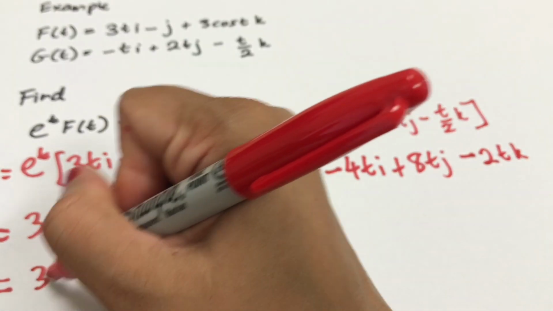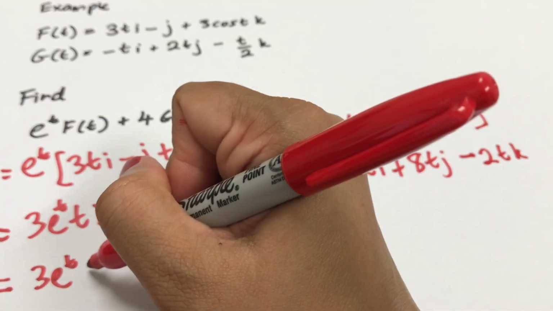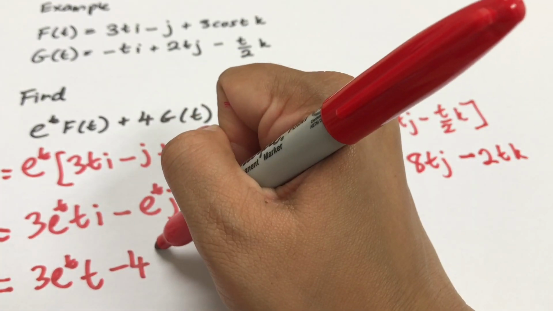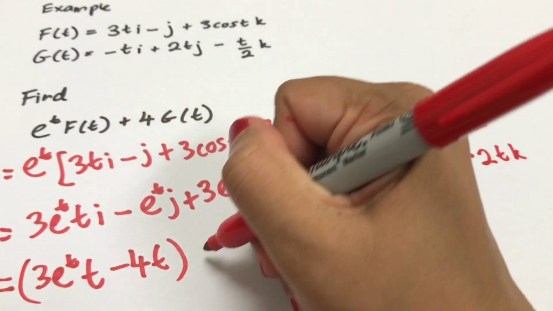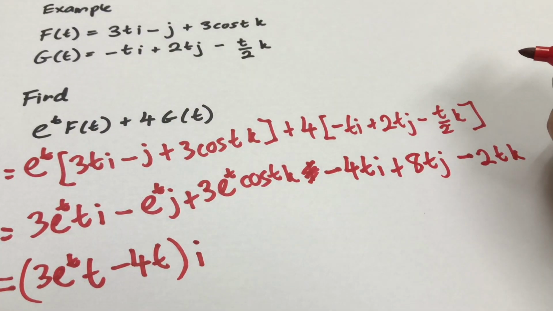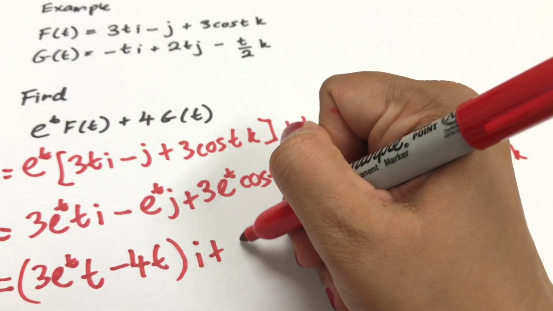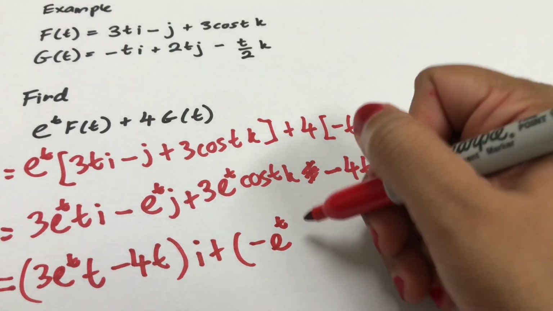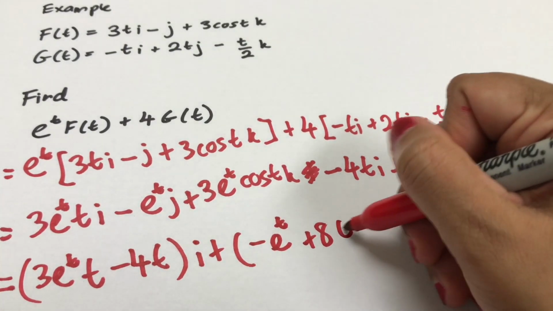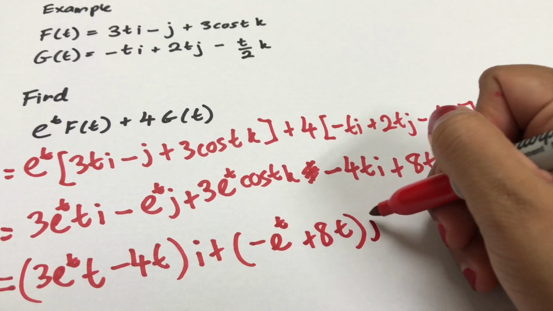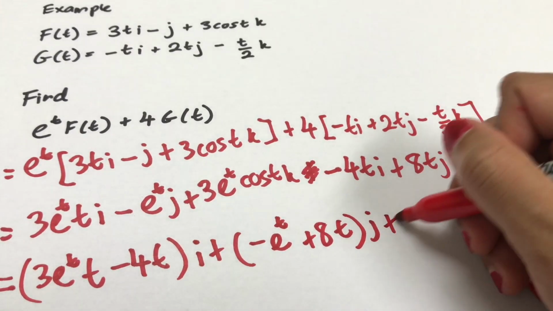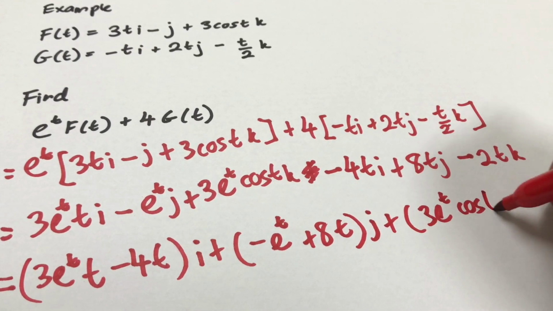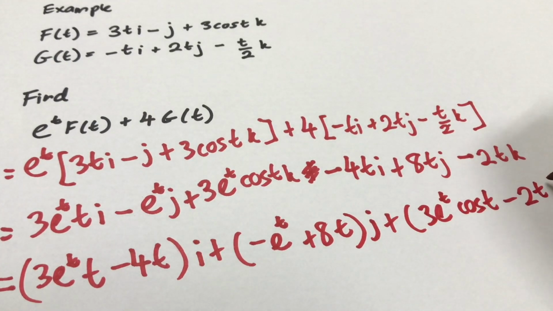So now we have 3e to the t minus 4t i plus negative e to the t plus 8t j plus 3e to the t cos t minus 2t k.